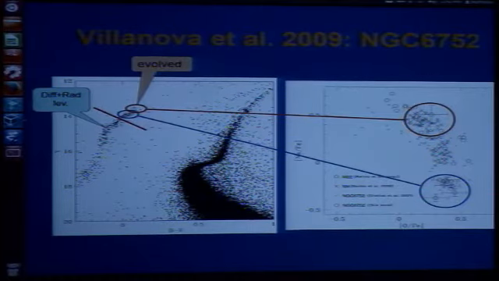So they have less helium, and so they are more massive. While the stars in the bluest part of the horizontal branch should be the progeny of stars which have higher helium, higher sodium, and lower oxygen. So we expect there should be a correlation along the horizontal branch in the composition.